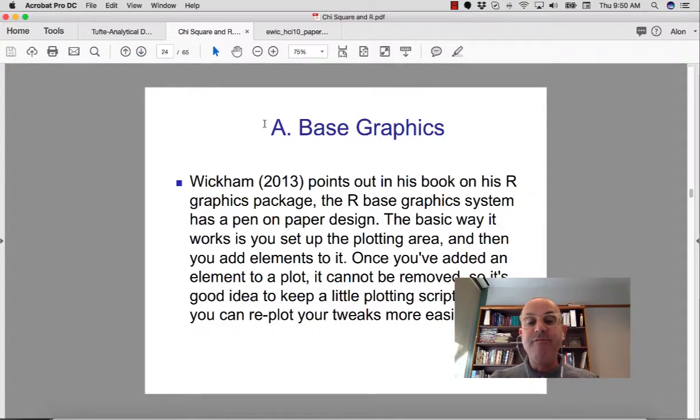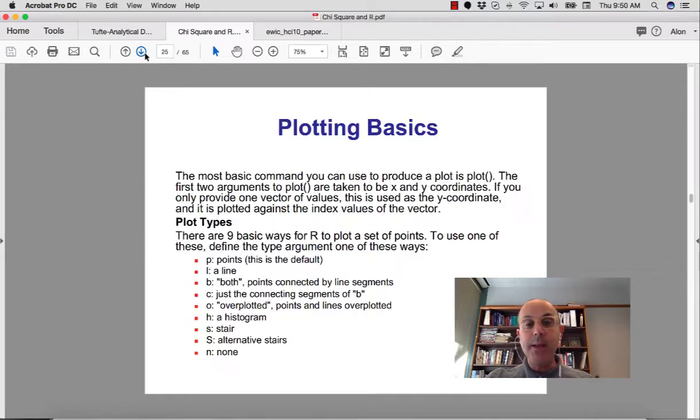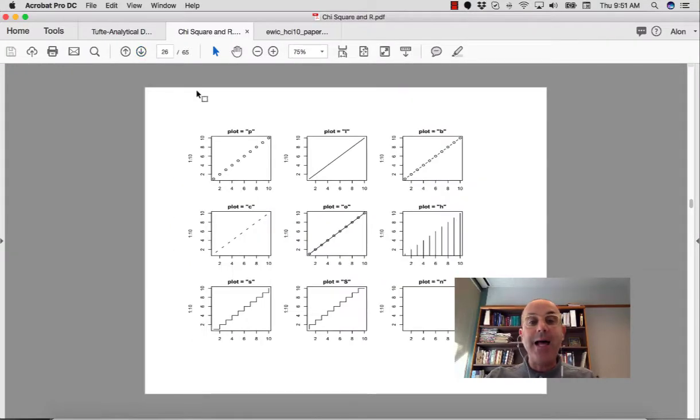With basic graphics, we have a simple way to plot a basic bar chart, pie chart, or even a scatter plot. These are the plot types, where we can direct R to give us points, lines, both points and lines, histograms, and other things.